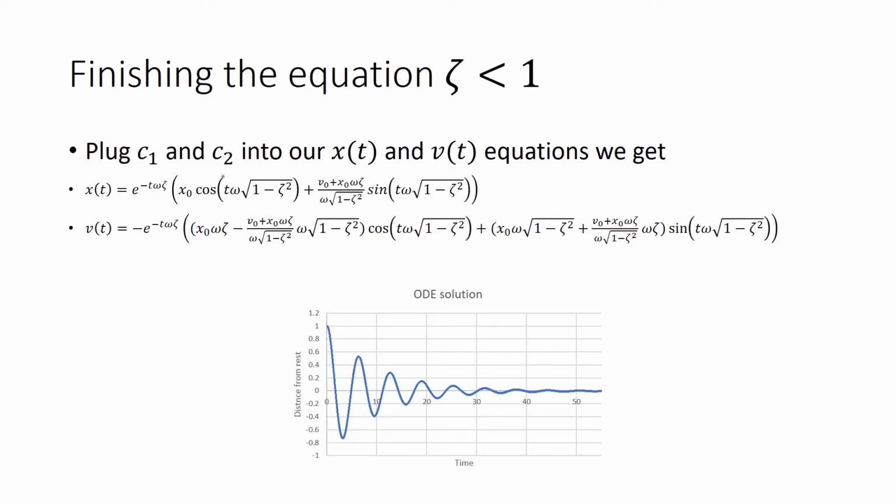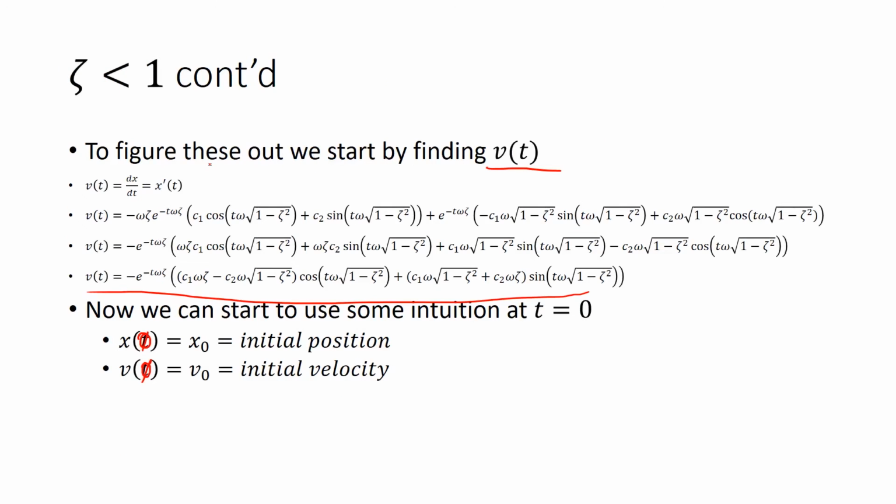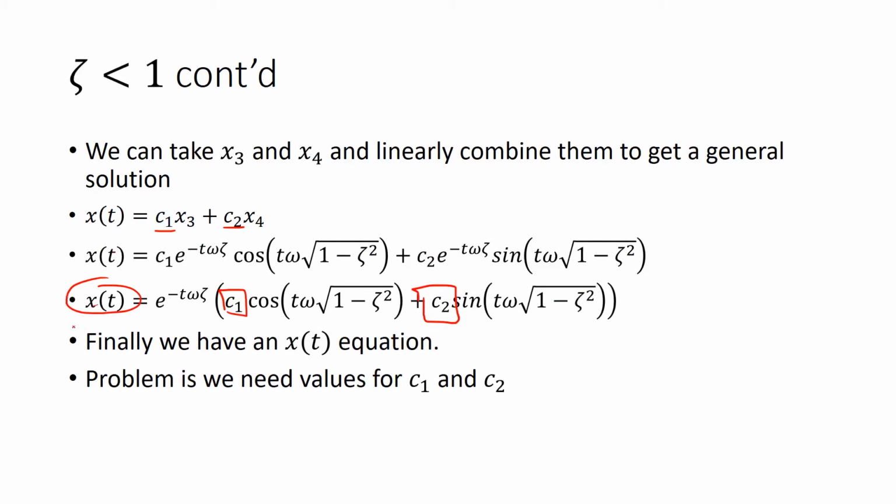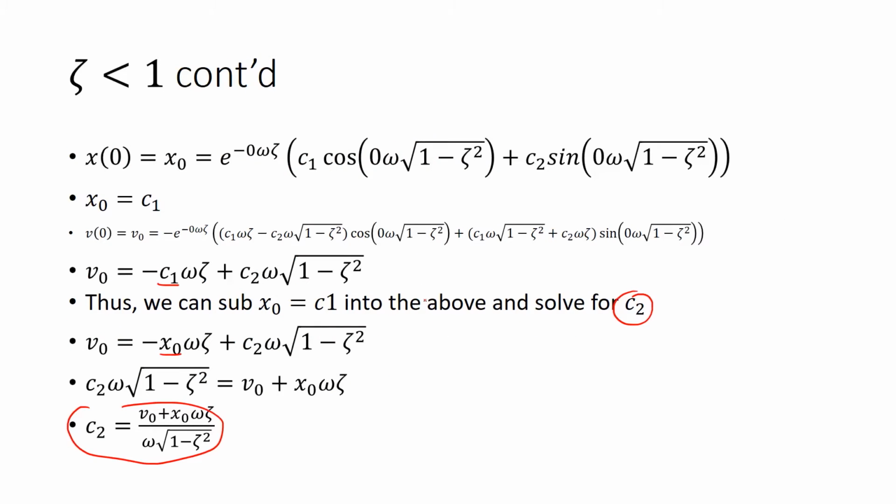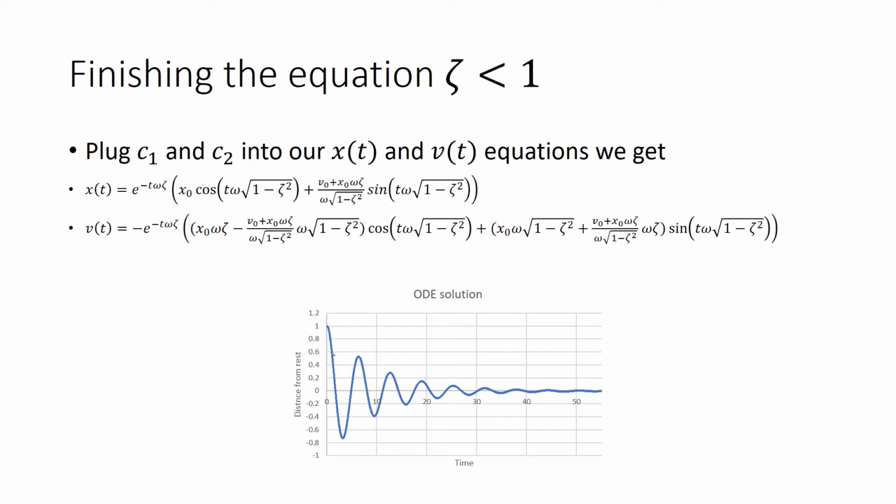We plug our c1 and c2 values back into our velocity equation here, and our x of t equation here, and we're left with our final solutions, which based on time give us this nice function that slowly approaches our target, or 0 specifically, because if you remember, x is always approaching 0 because x is equal to p minus r.